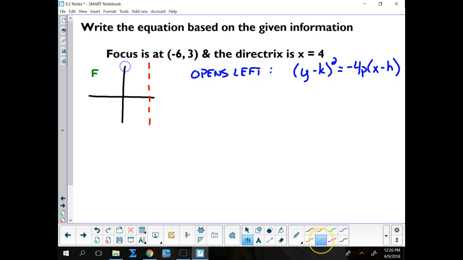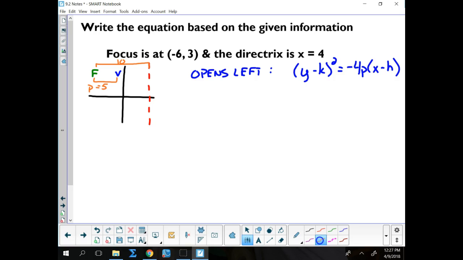So, how far is this distance? That's 10, right? Which means halfway would be 5. So my vertex is right there with a distance of 5.